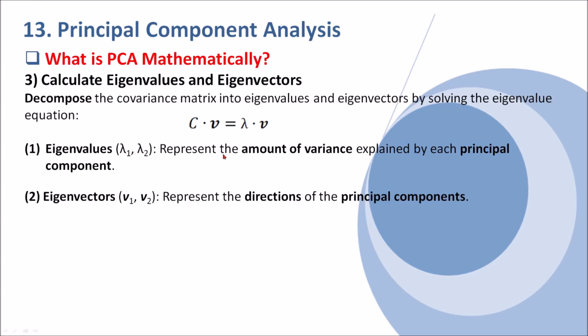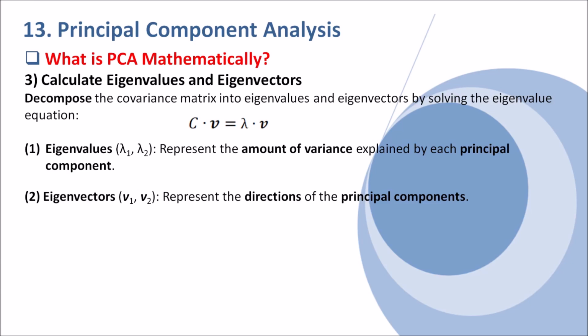The eigenvalue represents the amount of variance explained by each principal component. Later we will see it. Then eigenvectors. Actually, the eigenvector represents the direction of the principal component. We just mentioned that we are going to find in which direction the variance is large.